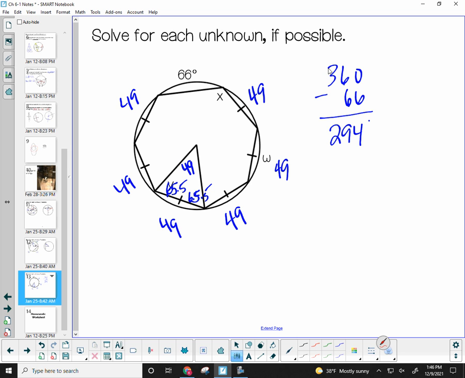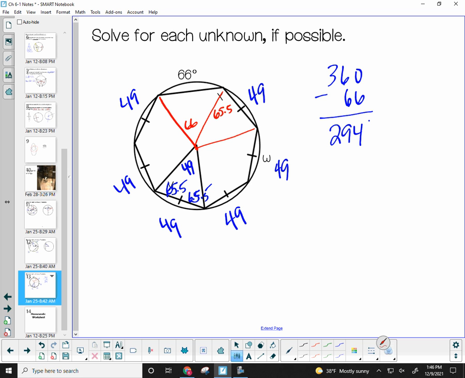I think the easiest way to look at that is if I divide it into more isosceles triangles. Because this is 49, we know this part of x. This would have to be 65 and a half because these are all going to be congruent triangles. Now let's take a look at this unknown triangle here. Because we have a 66-degree arc, that means this central angle has to be 66 degrees.